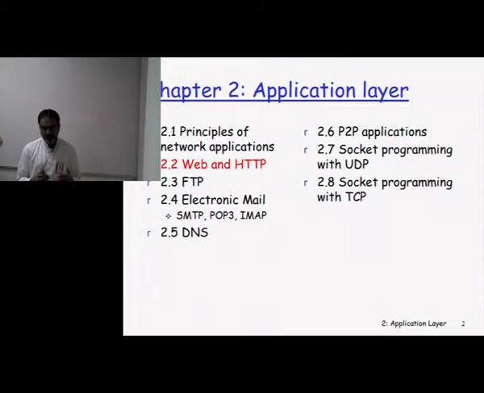I told you that some of the application layer protocols do need connection setup, and for setting up the connection they need the services of the TCP protocol, because we discussed in our last lectures that TCP is a connection oriented protocol, whereas UDP is a connectionless protocol.